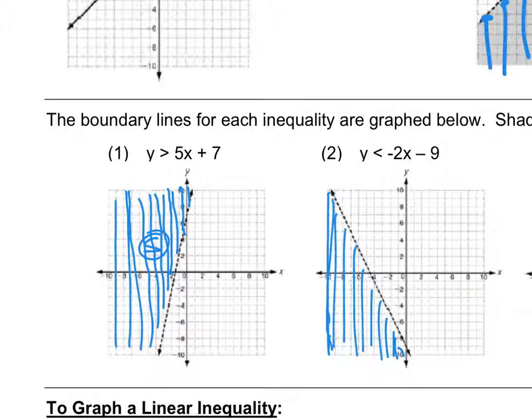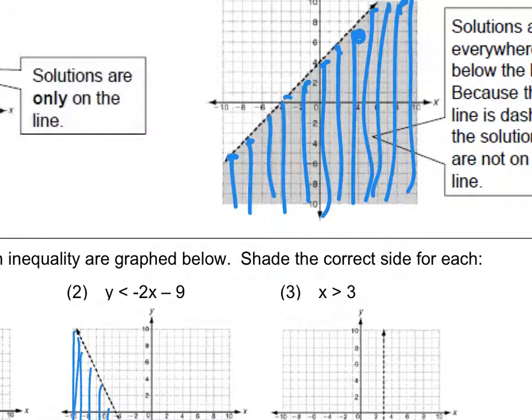Nobody cares about the quality of your shading as long as it's clear what you're shading, all right? So it does not have to be picture perfect, all right? This shaded region here, the gray shaded area, that's computer generated. I would not have done that myself. Mine would look as crappy as these blue lines. And I recommend that yours look as crappy as mine, all right? Because otherwise you're spending way too much time making math class into art class.